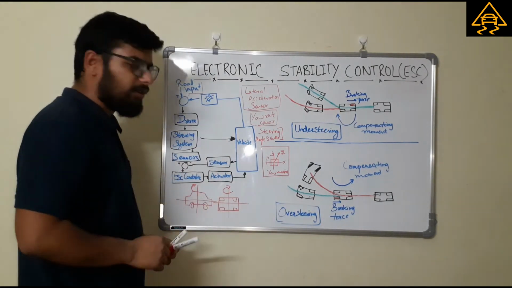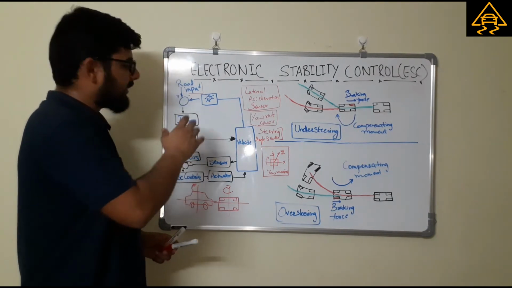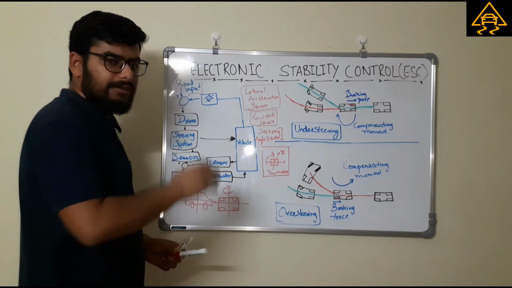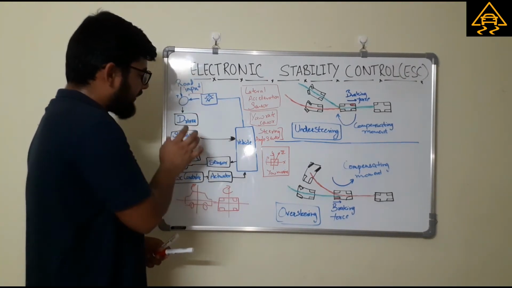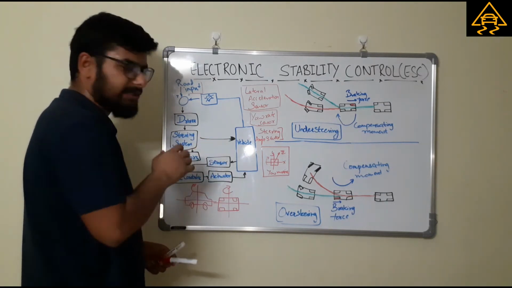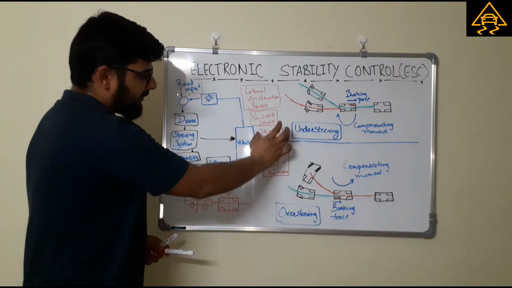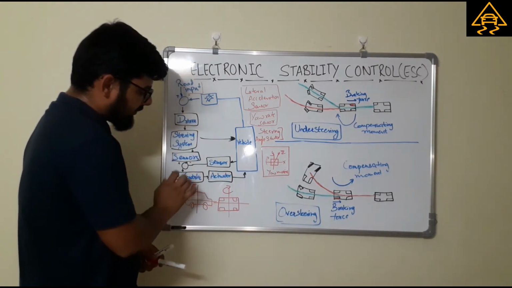Now if we go to the ESC system architecture, we have the road input. In some vehicles we have front cameras or sensors which take input of the road ahead. Then we have the driver inputs, how much he is turning the steering, and then we have sensors. In the steering system we have the steering angle sensor, and then we have the electronic stability controller.